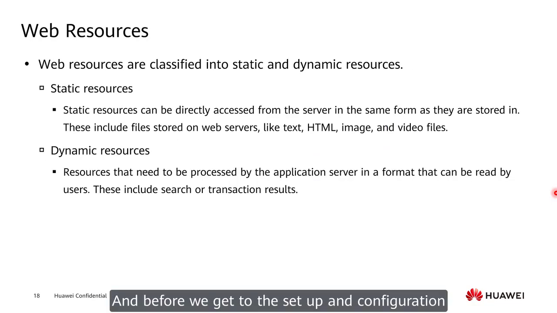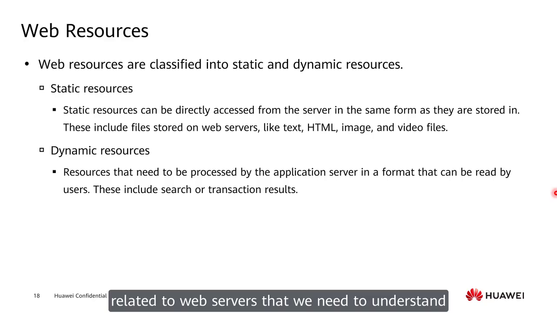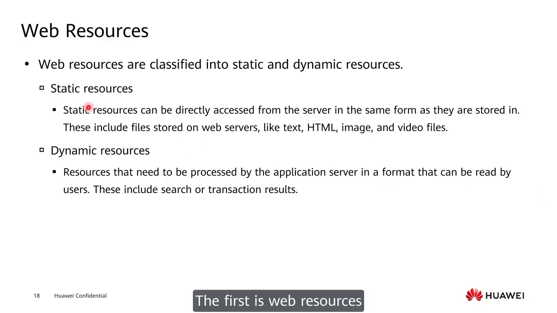Before we get to setup and configuration, there are some basic concepts related to web servers that we need to understand. The first is web resources. A web server can provide both static resources and dynamic resources. Static resources can be directly accessed by users without being calculated by applications.